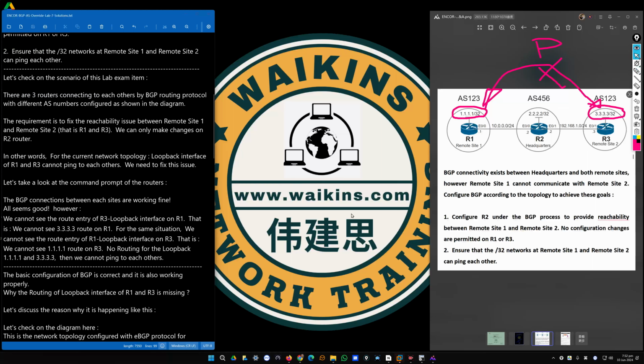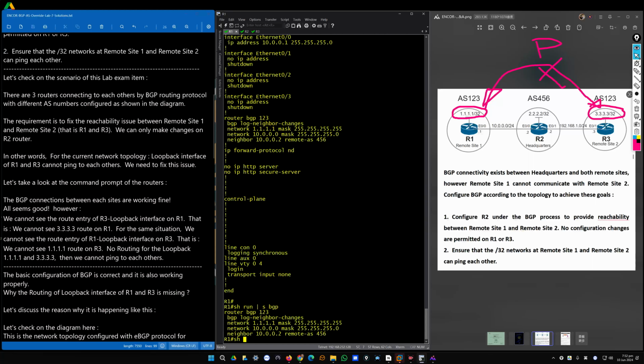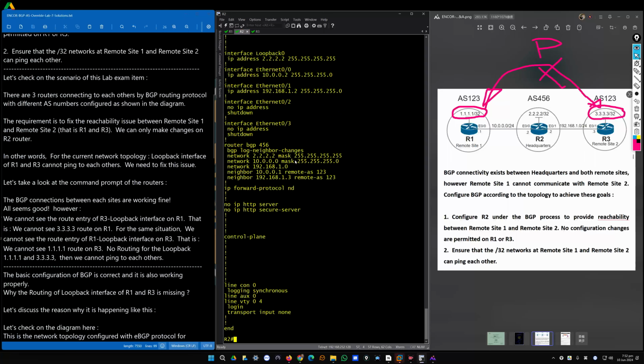Let's take a look at the command prompts of the routers. This is router 1. This is router 2.